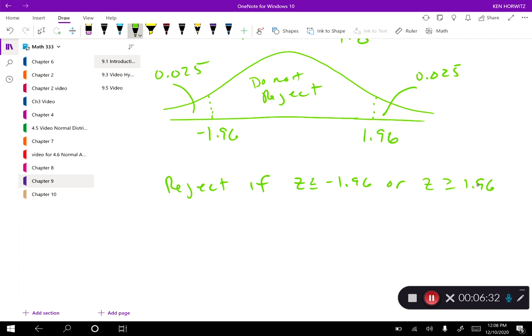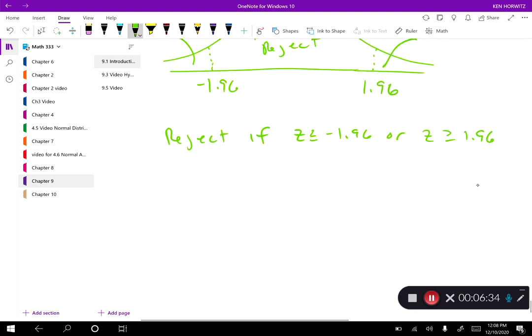So now we've got to figure out what our average, what our X bar has got to be, in order to get the above situation to occur.